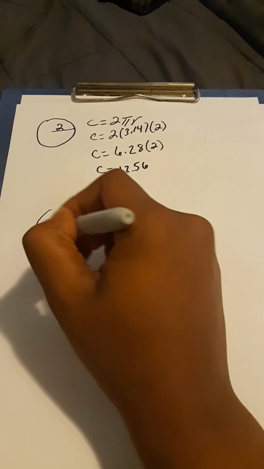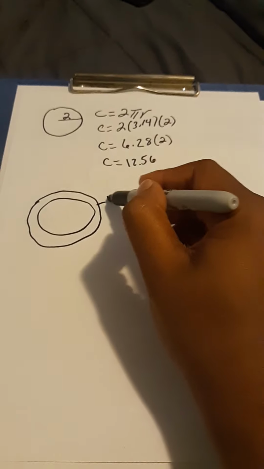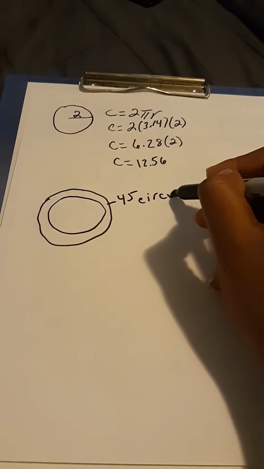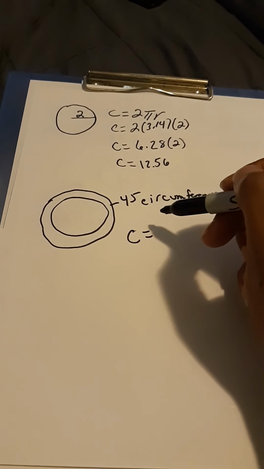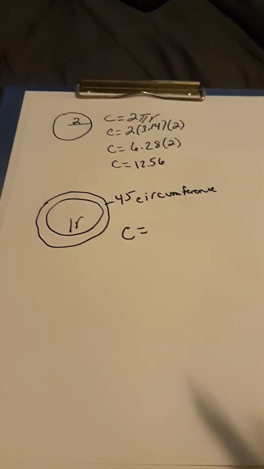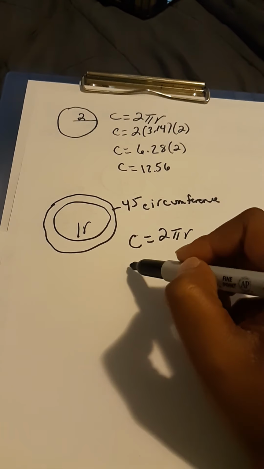Now, in some cases, they may actually give you the circumference. If they give you the circumference, let's say our circumference is 45. We're going to work it backwards. So let's say I need to find the radius. I'm going to write C equals 2 pi r. Fill in what I know.